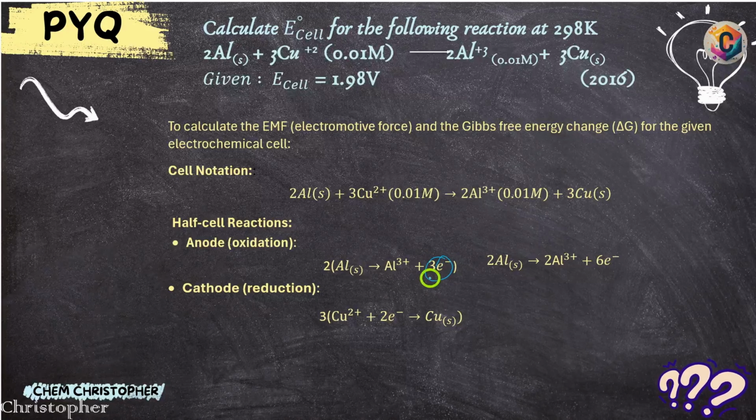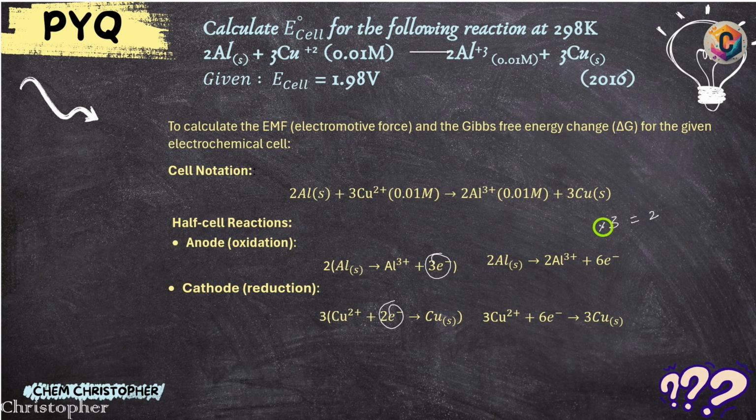Always, loss of electrons should be equal to gain of electrons. But in this case, 3 electrons are lost by Al, whereas 2 electrons are required for copper plus 2 to be converted to copper. Here I have number 3, here I have number 2. I have to make them equal. How can I make 3 equal to 2?